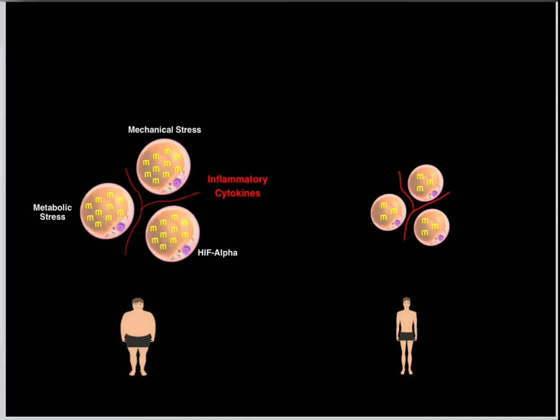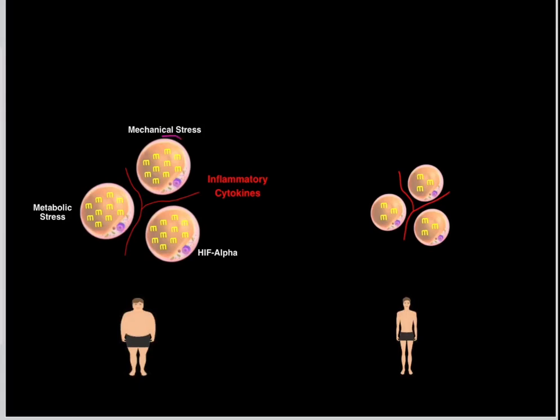For example, as the adipocytes become hypertrophic and they grow in size, the center is going to become hypoxic, where again we have those oxygen molecules diffusing into the cell, and the center of this adipocyte is going to have less oxygen because there's going to be less diffusion, which is going to activate TNF-alpha, which is going to lead to a pathway that leads to the release of these inflammatory cytokines.